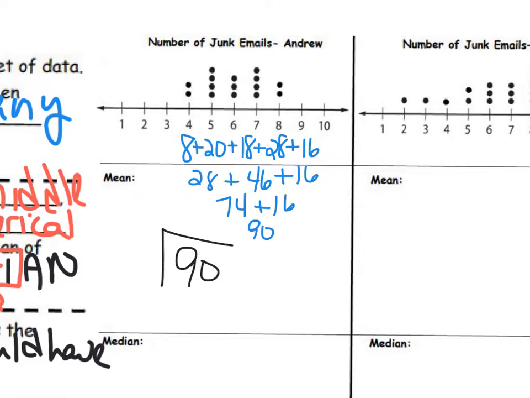So I have 2, 3, 4, 5, 6, 7, 8, 9, 10, 11, 12, 13, 14, 15. So that means we have 15 numbers that we added. And now all I have to do is divide. So 90 divided by 15 is going to give us what?